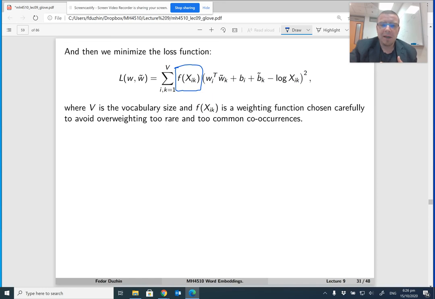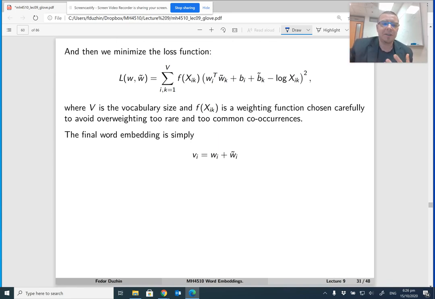Or if some words co-occur very, very often, then again we don't overweight it. So instead of just taking the sum of squares, we're going to take the weighted sum of squares. Doing this will give us word vectors and context vectors, and the final word embedding is going to be just the sum of the two.